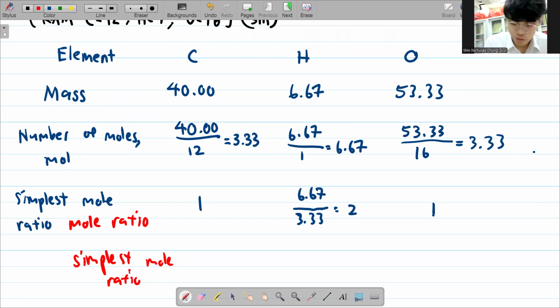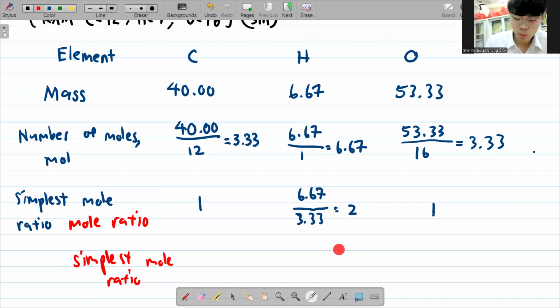The moment after you finish your mole ratio, you realize that after all the division you still get a decimal point. That's when you refer to that as your mole ratio, and then you do your simplest mole ratio again to get your whole number.